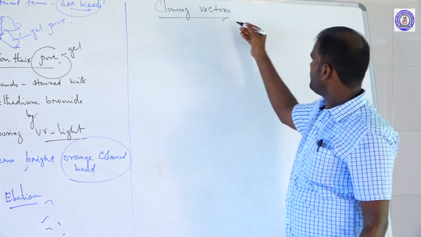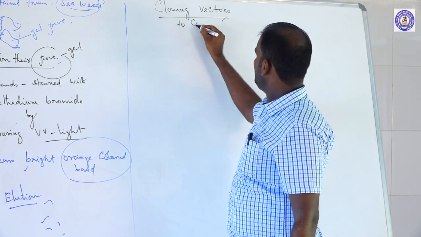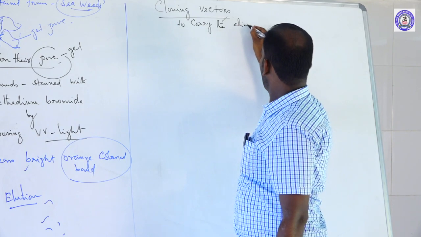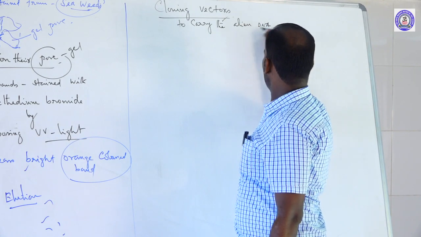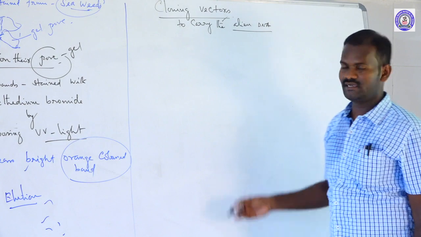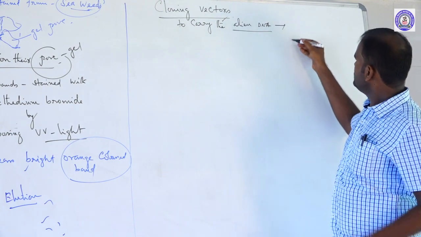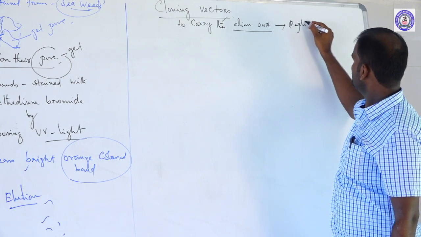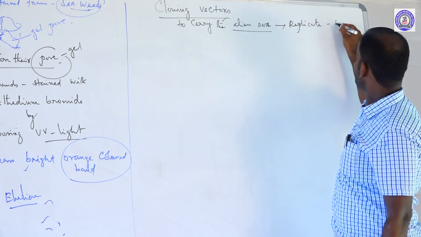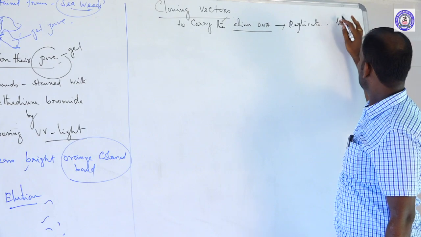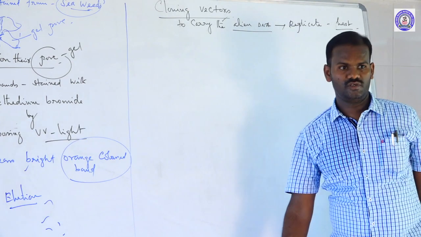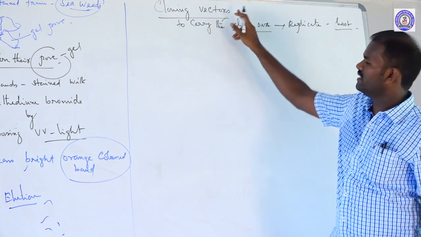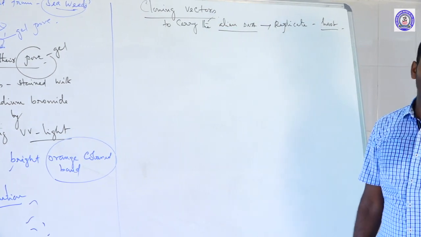They are responsible for carrying the alien DNA, which is nothing but foreign DNA or the gene of interest, and they get multiplied or replicate within the host cells. We need vectors to carry the gene of interest for multiplication. These are called cloning vectors.